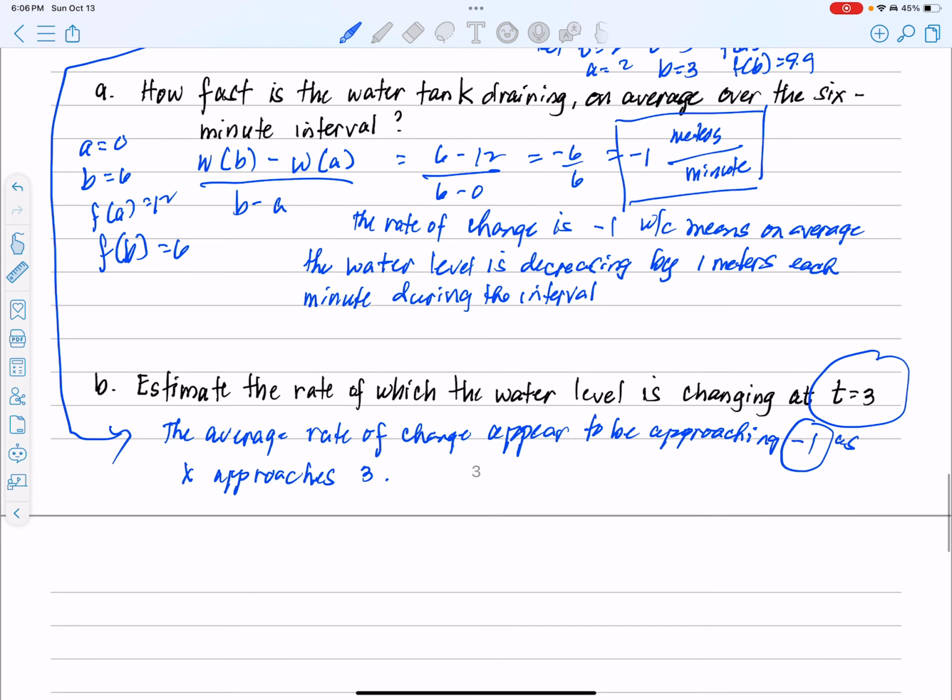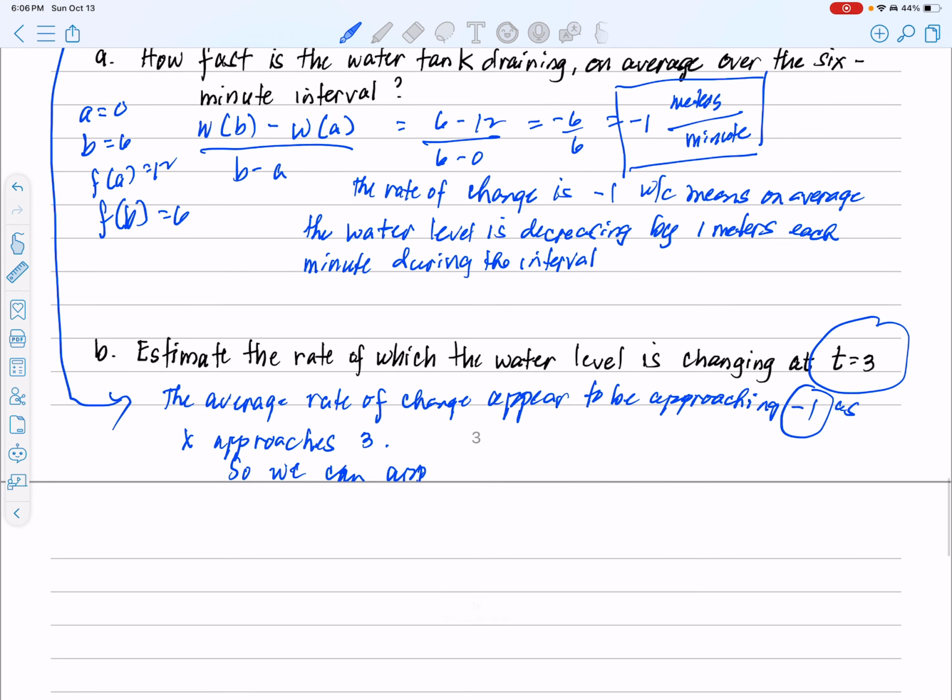So we could say, so what can we say? What is our approximate value? It looks ugly.